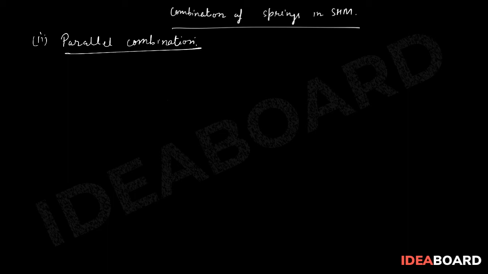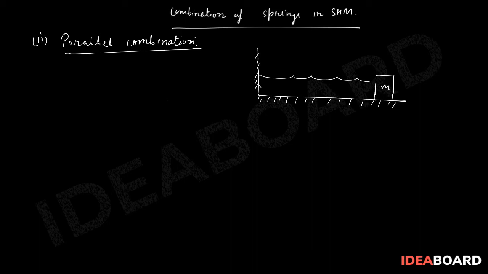So suppose that I have a setup like this. There is a block which is again of mass m, and it is kept like this, and there are two springs which are connected. Again, our assumption is springs are massless.